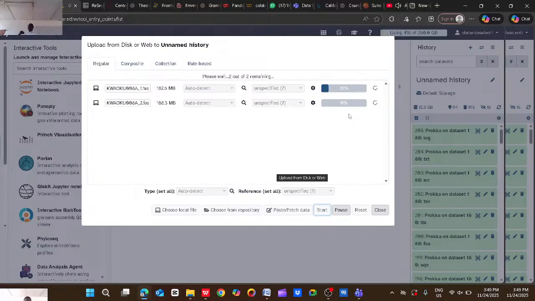Tell ChatGPT to give you FastQ formats of any organism you want to work on, just for practice.